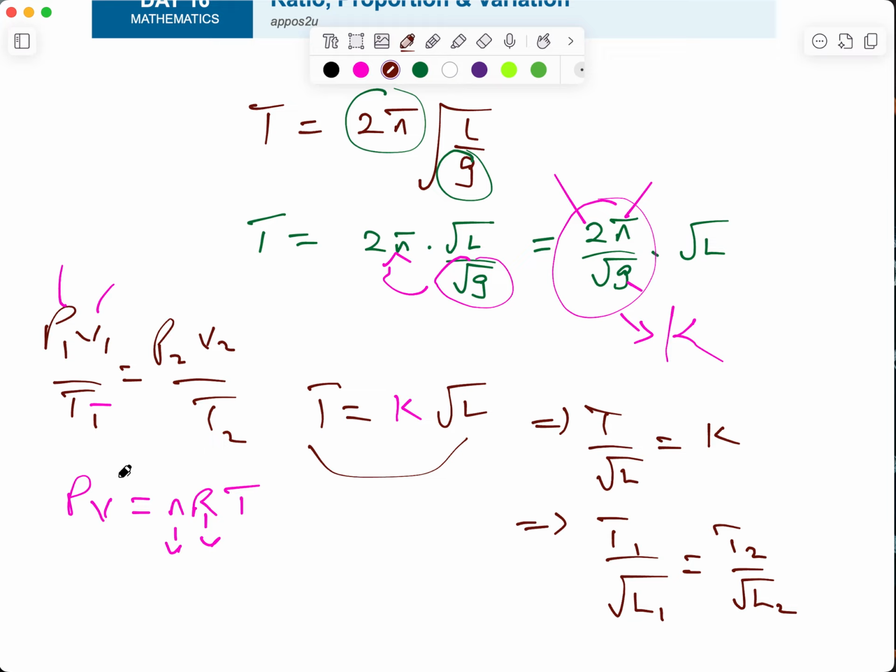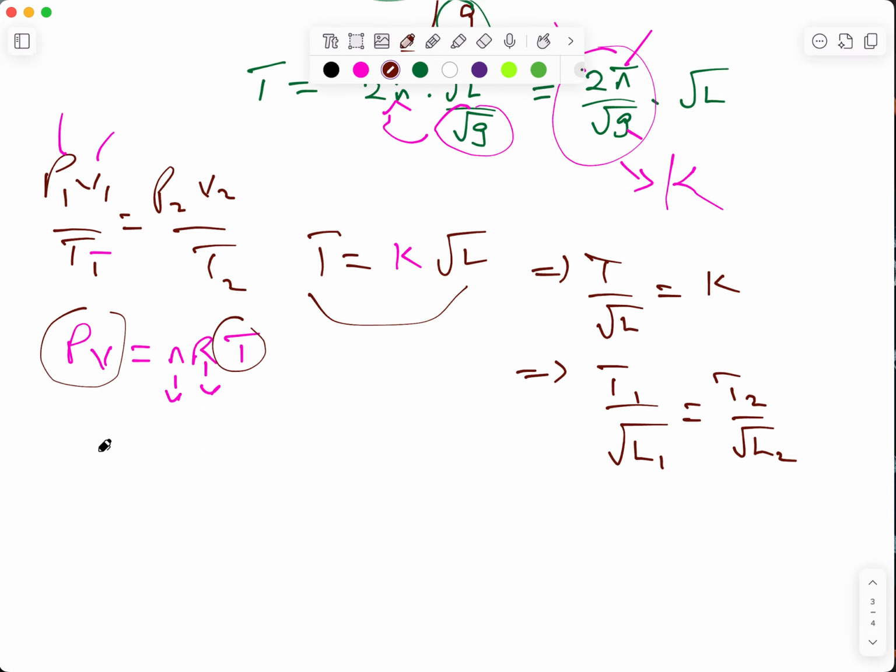So in that situation, P, V and T are the variables. You then have PV divided by T equals nR. Since these two are constant, we have P1 V1 over T1 equals P2 V2 over T2.